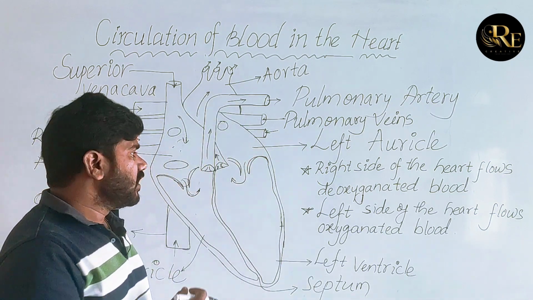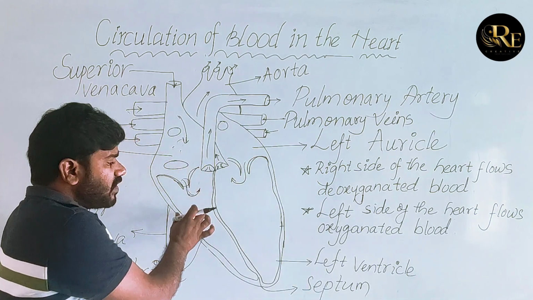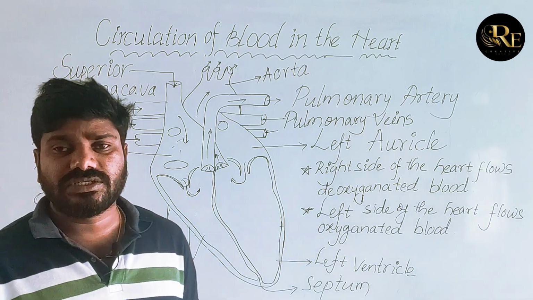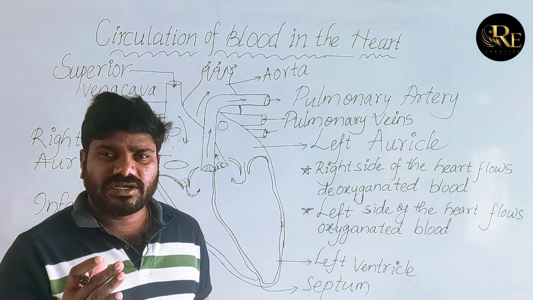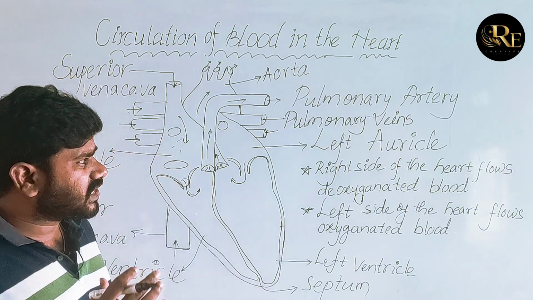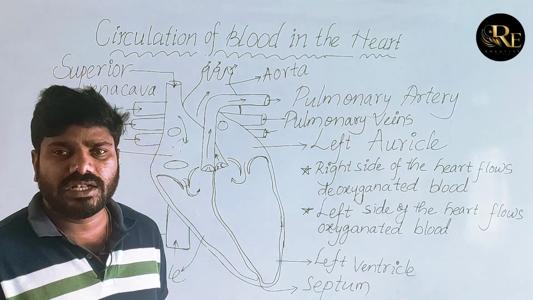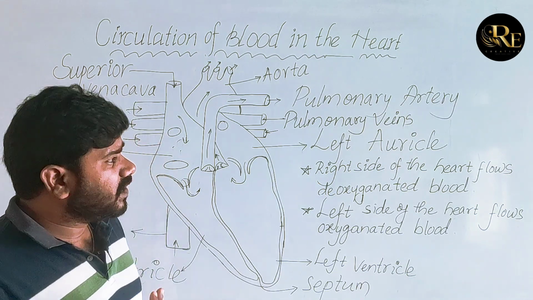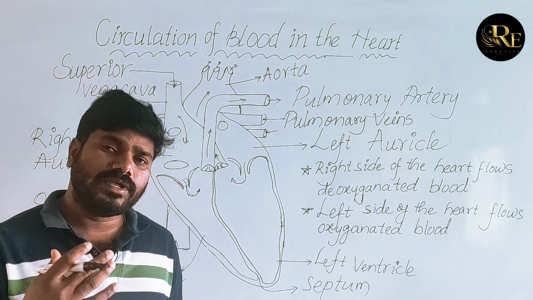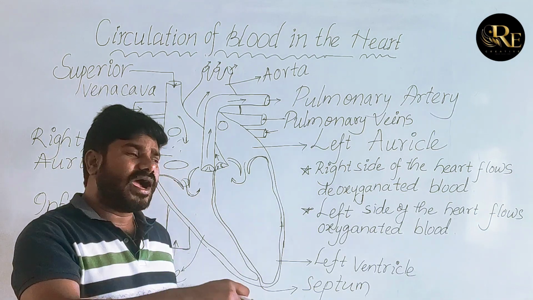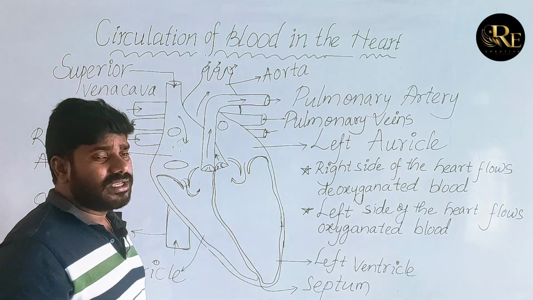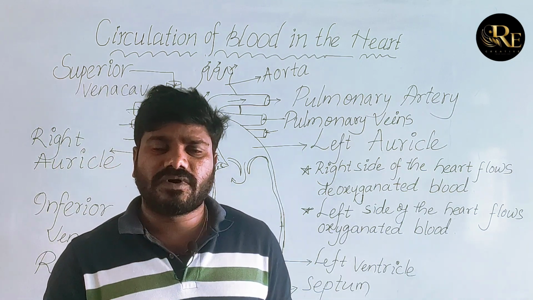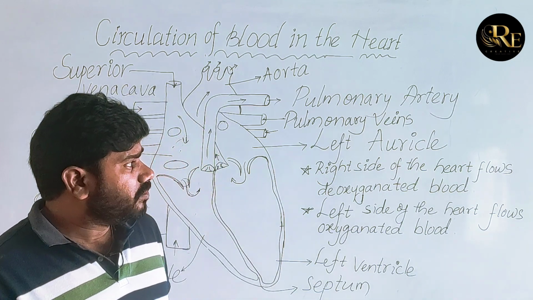That means in the right side of the heart the blood is mixed with carbon dioxide. This carbon dioxide will be removed in the lungs and oxygen will be added to the blood. So the blood flows to the lungs for purification.